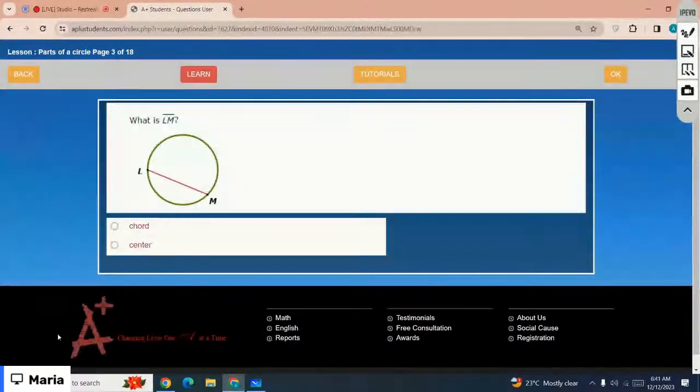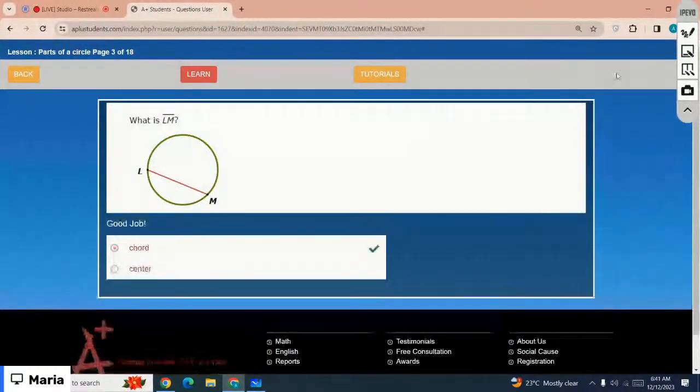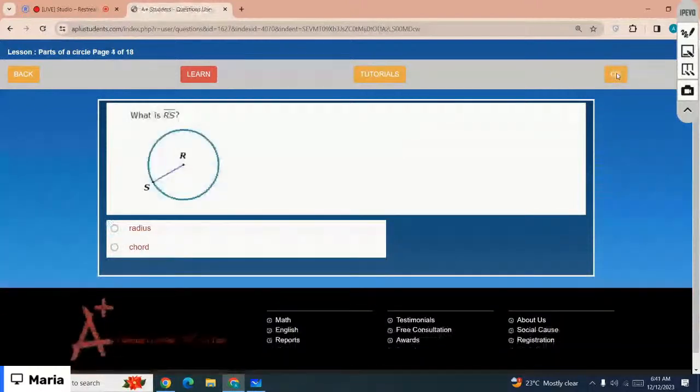That is the chord. What is RS? Which is the correct option?